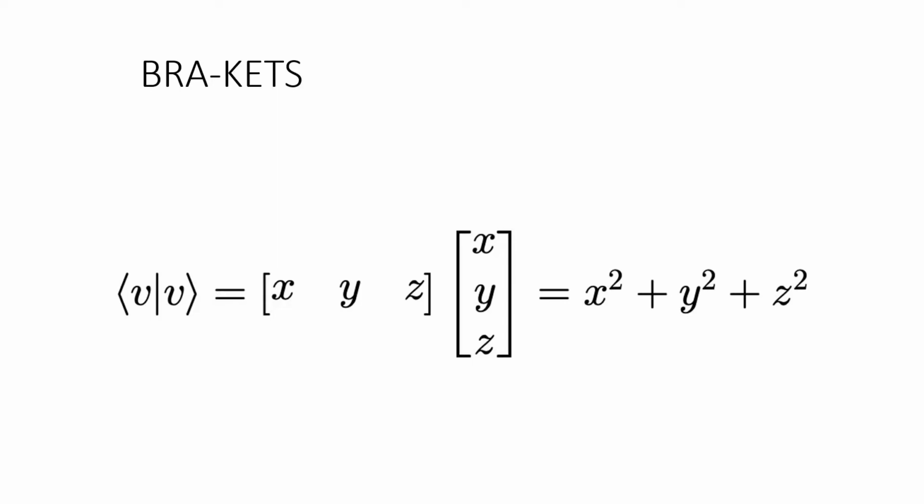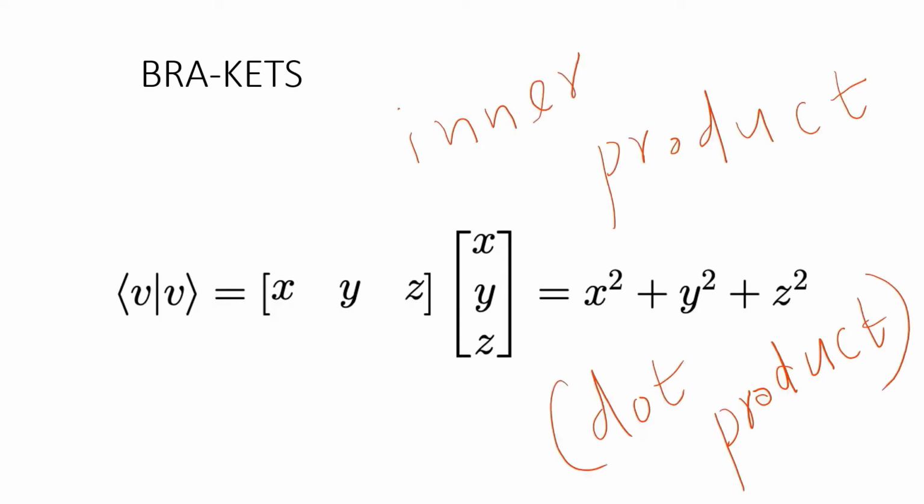If we want to denote the dot product using Dirac notation between this vector and its Hermitian conjugate, we can combine our bra and ket as x square plus y square plus z square. So this is the bracket notation. Bracket notation is also known as the inner product or dot product. The bracket is the inner product of the bra vector and the ket vector.